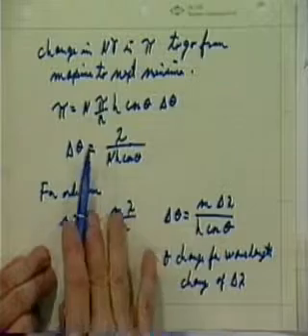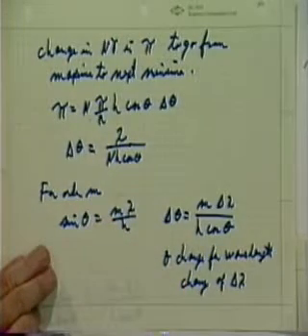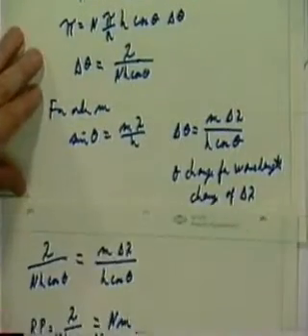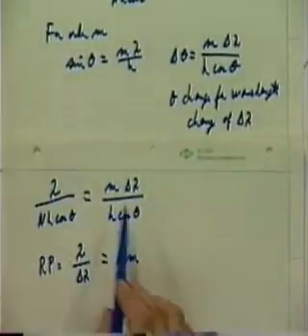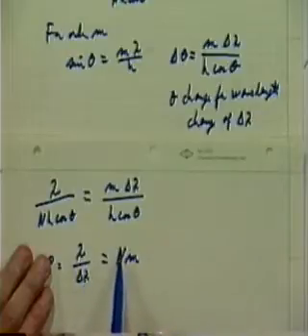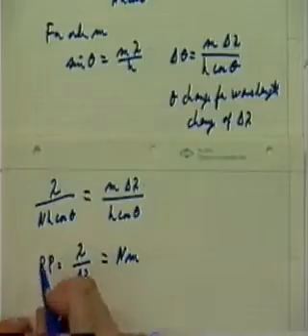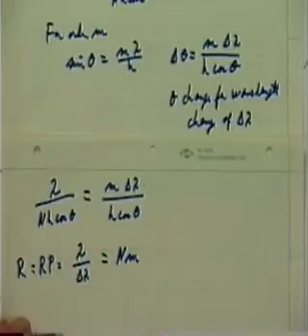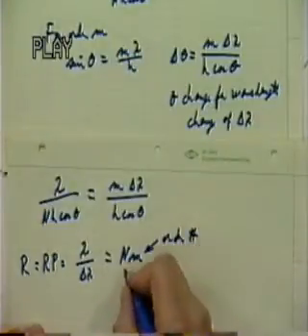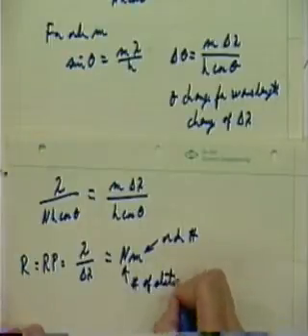And so we have set these two equal. And we end up with the result that lambda over delta lambda is n times m, and we're defining that as a resolving power, Rp, or maybe just R. And so this is the order number, and this is the number of slits.